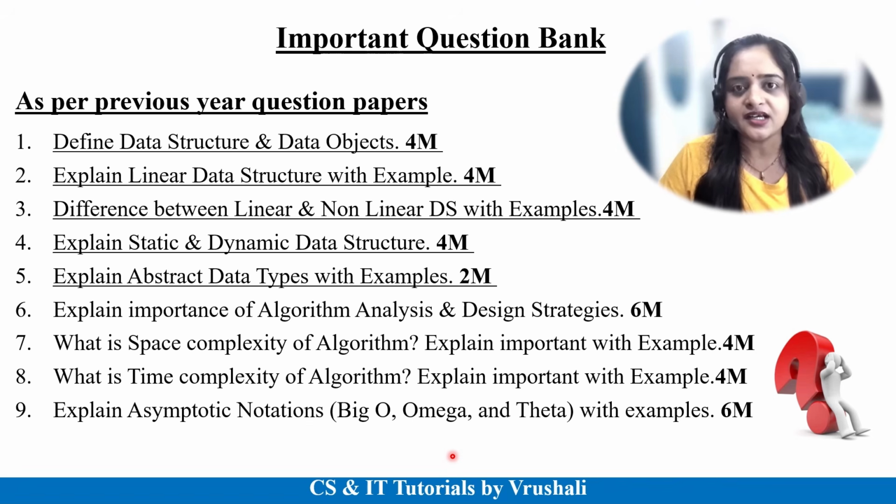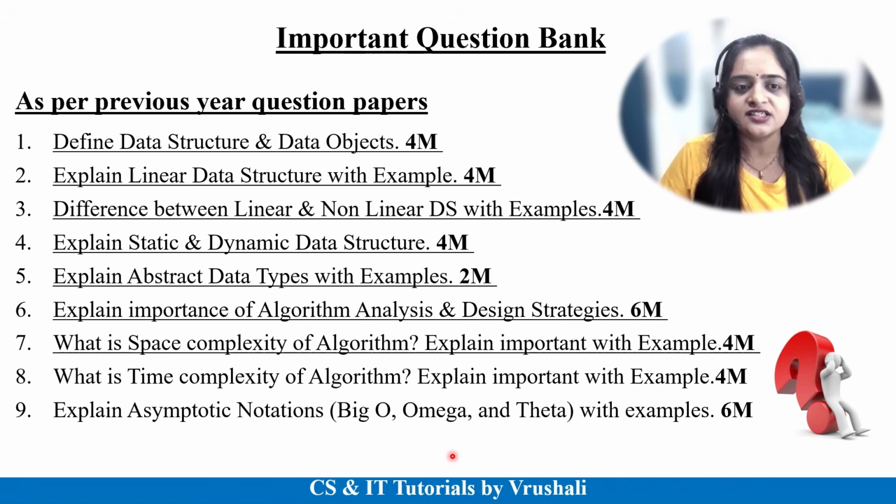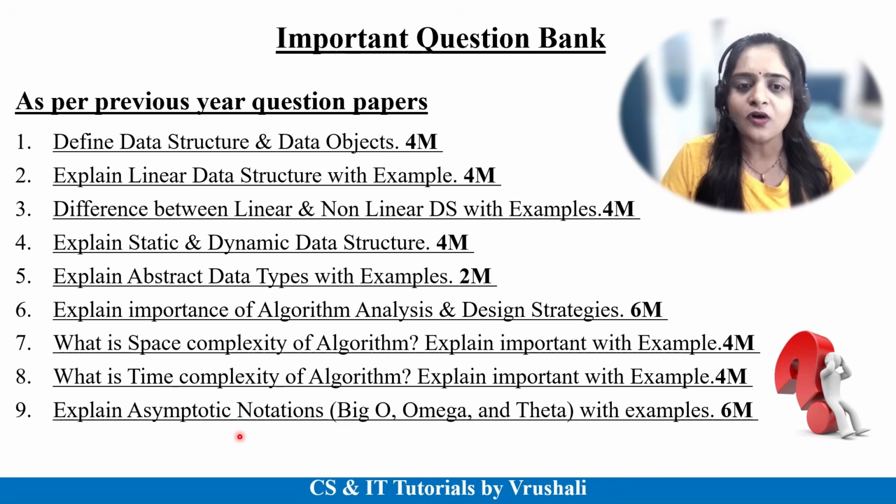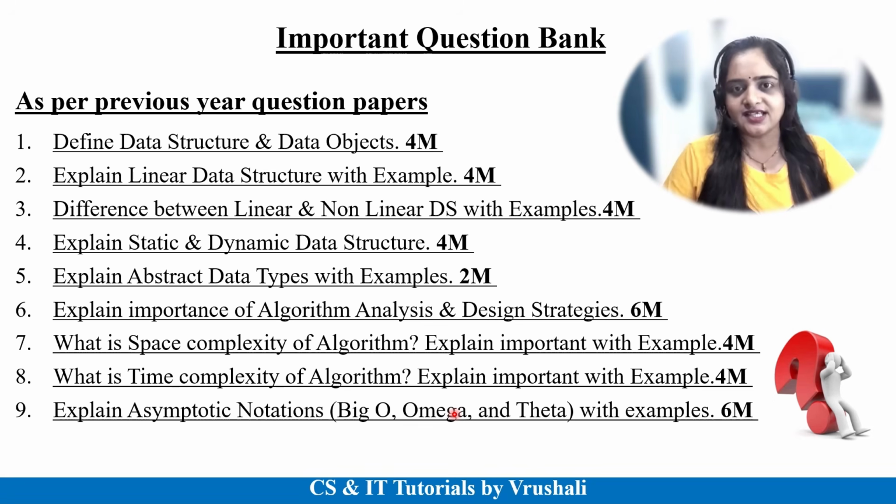Then explain abstract data types with example, importance of algorithm analysis and design strategy, what is space complexity and its importance, right? In importance, you need to write why space complexity matters. Then what is time complexity and its importance, and you have to explain all the asymptotic notations with example. I have already provided the simple linear search example and login authentication scenario. So prepare all these questions accurately.